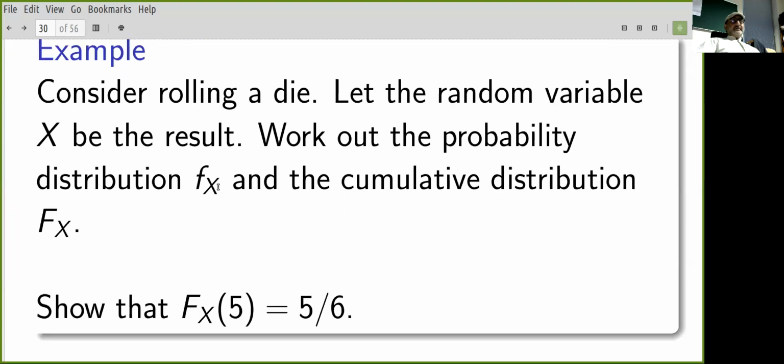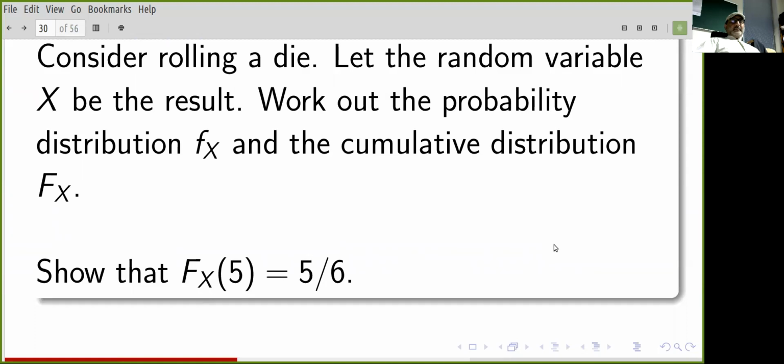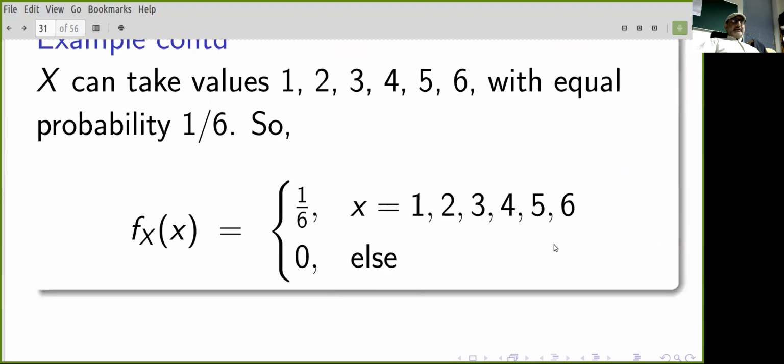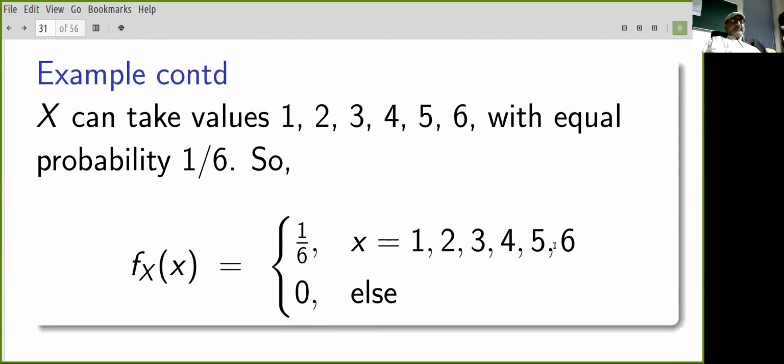The probability mass function, small f sub x, would give you 1/6 for values 1, 2, 3, 4, 5, 6, and for all other values you get 0. Now you can sum those up in order to get F sub x of various values. Okay, so this is what the probability mass function looks like, f sub x of x.